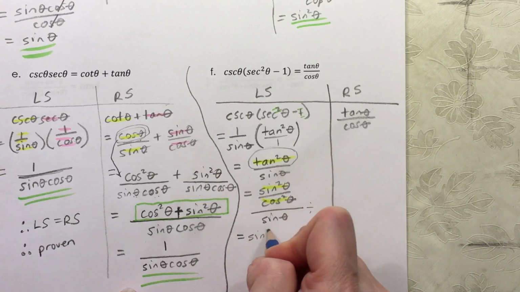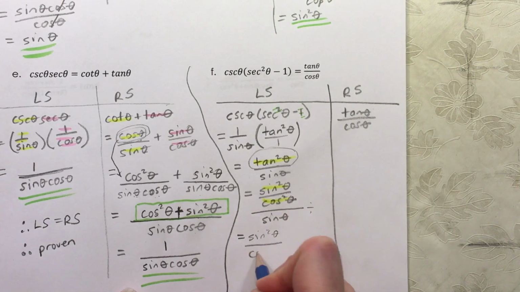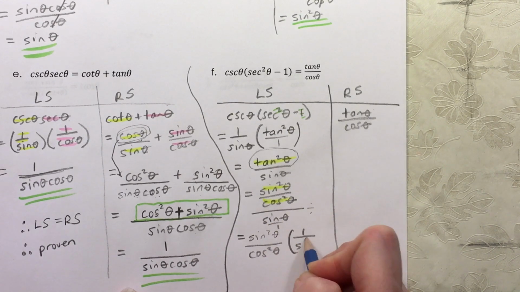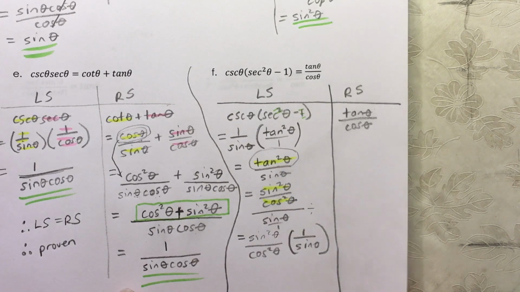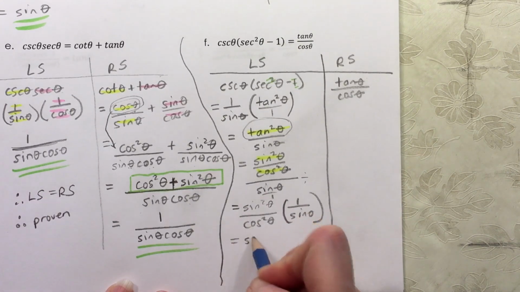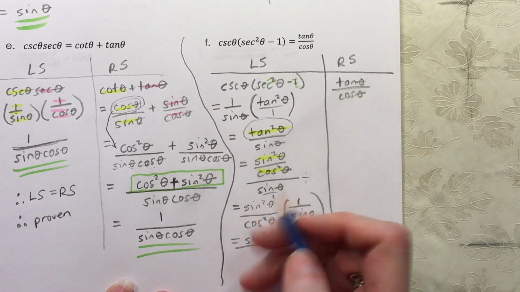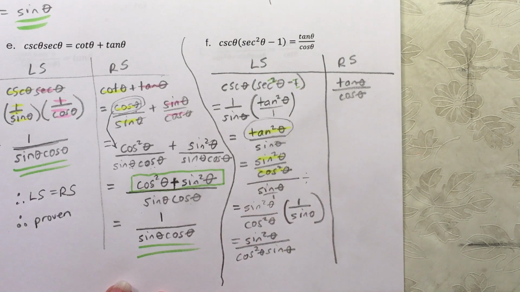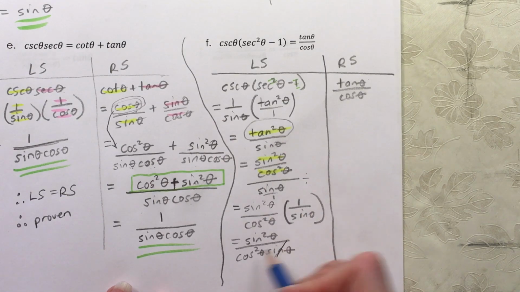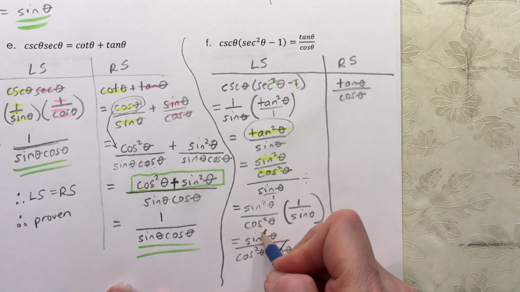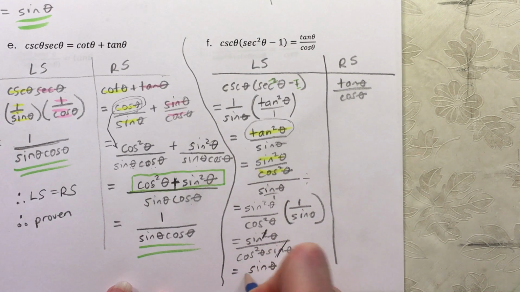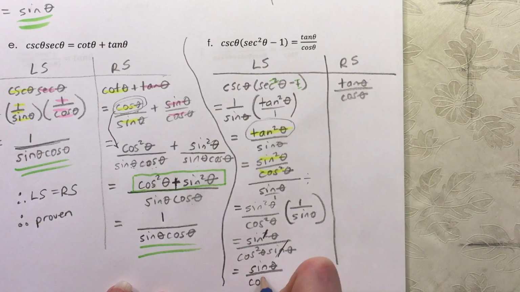So sine squared theta over cos squared theta times 1 over sine theta. Multiply the tops together and the bottoms together. And this sine theta on the bottom divides out with one of the two sines multiplying together on the top, so that gets rid of the squared. So we're left with sine theta over cos squared theta.